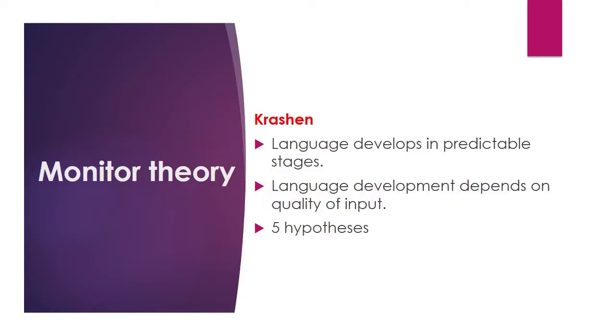It is based on the view that learners are responsible for constructing their representation of language and that the internal representation of language develops through predictable stages. It also claims that the quality of input is responsible for language development. The monitor theory gives rise to 5 hypotheses which we are going to discuss in the following slides.